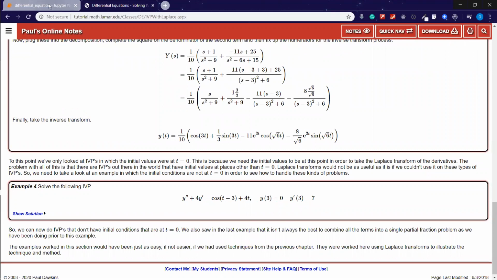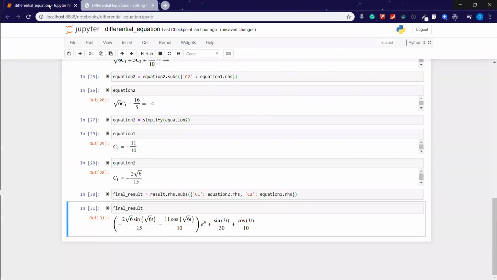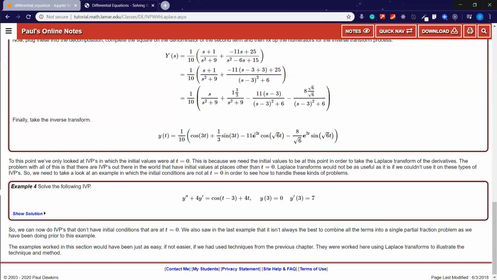All right, so it's just a slightly different way of writing the same results, because I believe some terms are similar.